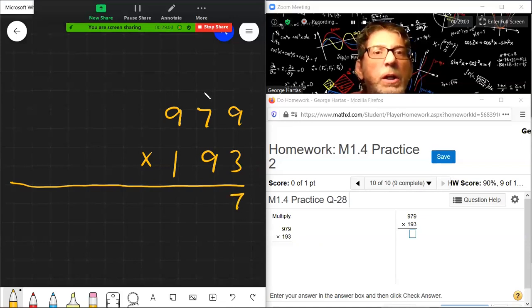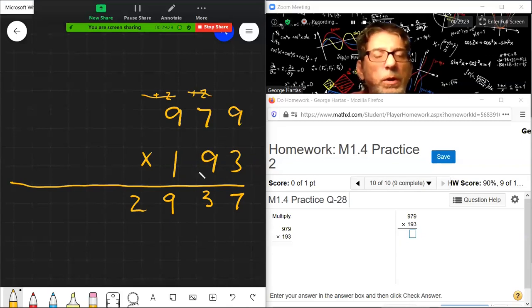Right-hand digit, left-hand digit. 3 times 7 is 21. 21 plus 2 is 23. Right-hand digit, left-hand digit. 3 times 9 is 27. 27 plus 2 is 29. Right-hand digit, left-hand digit. We're done multiplying with the 3.